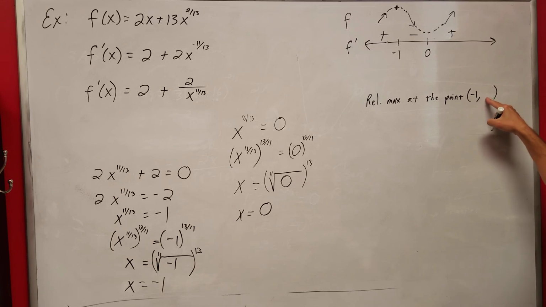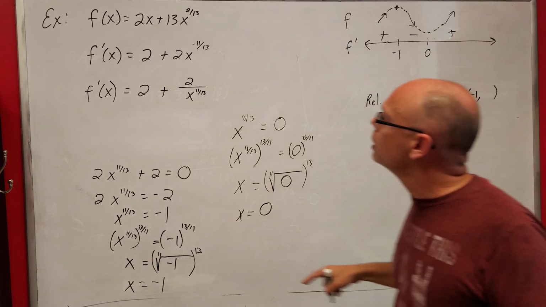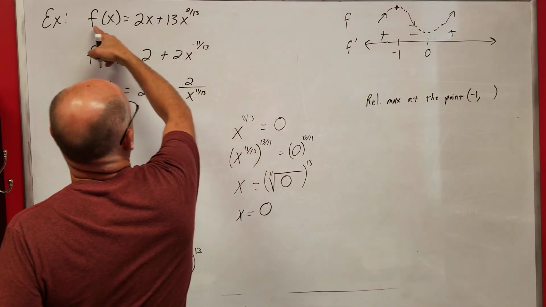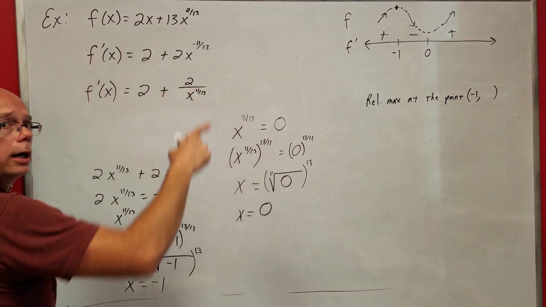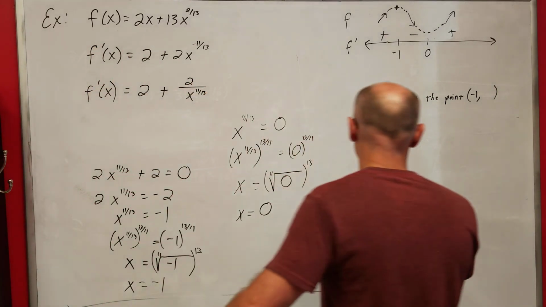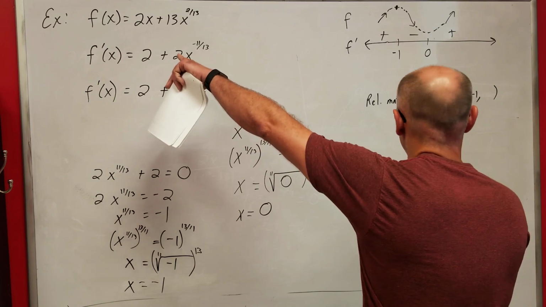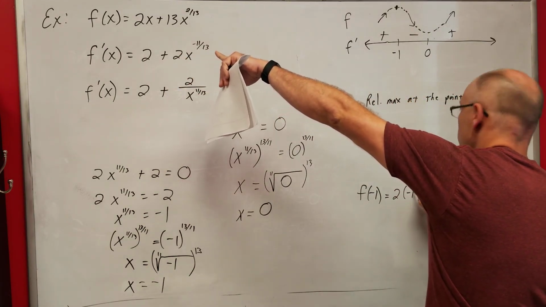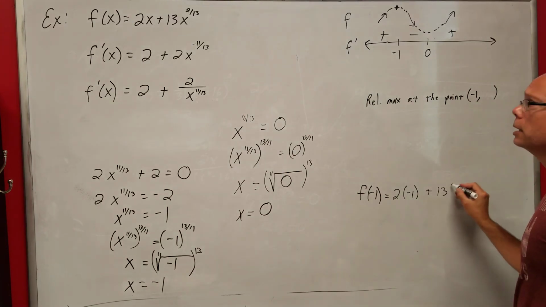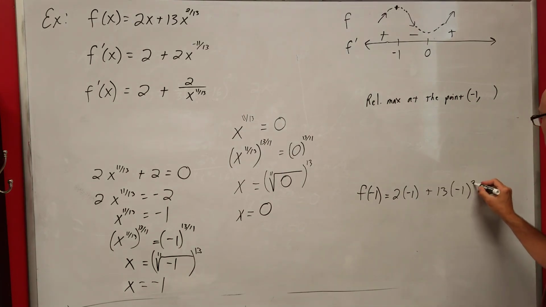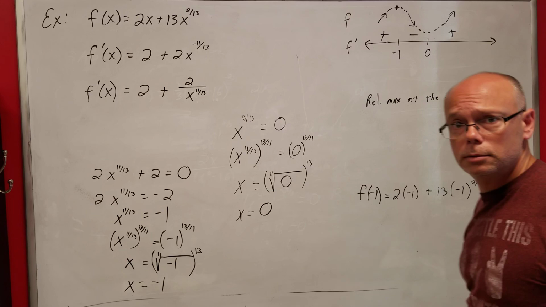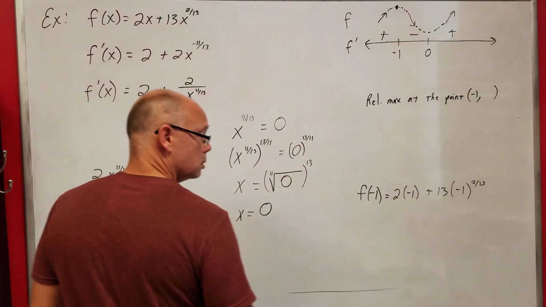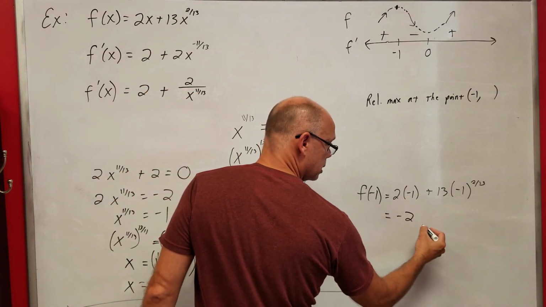Well, what's the y coordinate there? Take that -1 and run it through my original function to find a y coordinate, okay? So we have f at -1 is equal to 2 times -1 plus 13 times -1 to the 2/13. Well, this one's easy. That gives me -2 there.